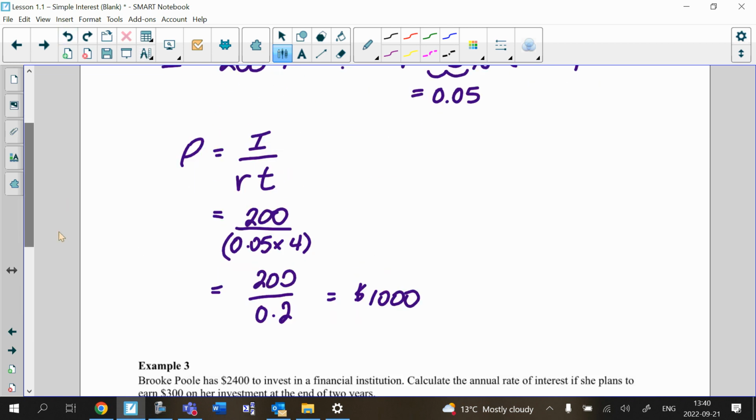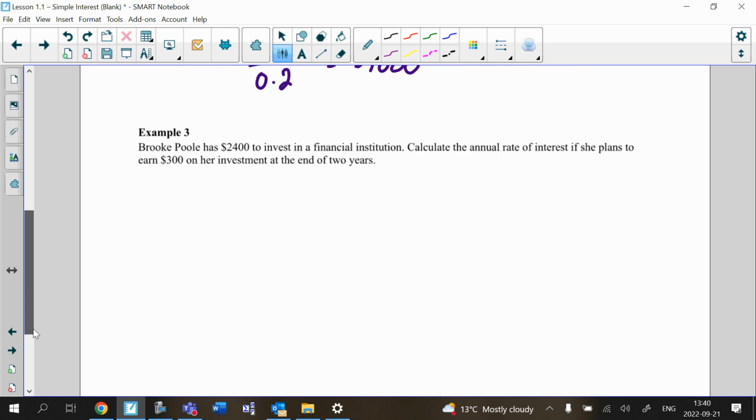Which of the 4 letters? P. It would represent P. Calculate the annual rate of interest. So that tells us that R is the unknown. If she plans to earn $300, which is her interest, at the end of 2 years, which is the time.